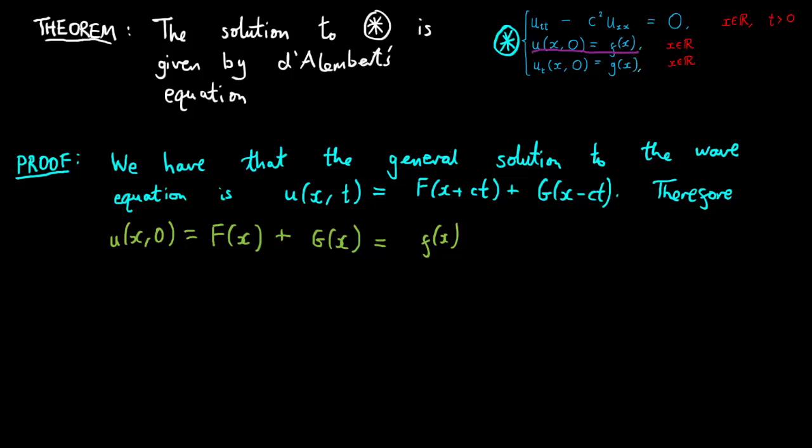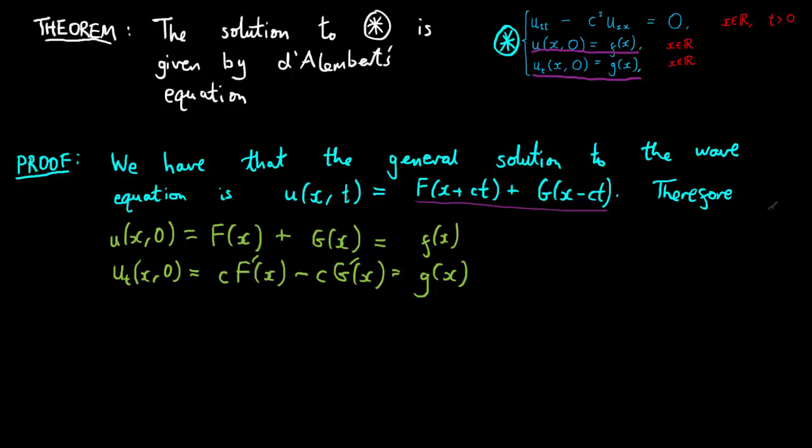So that's one equation. Then what about this second condition up here, that the t derivative of u evaluated when t is equal to 0 should give us g of x? Well, if we differentiate the general form of u, so that's this expression here, with respect to t, first of all, because we're looking for the t derivative, then what do we get?